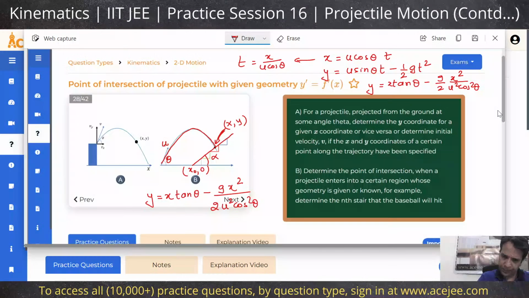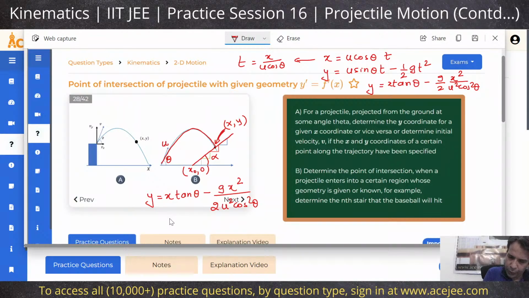Now let's write down the equation for this straight line. If you are given the slope and one of the points on the line, how do we find the equation of the line?